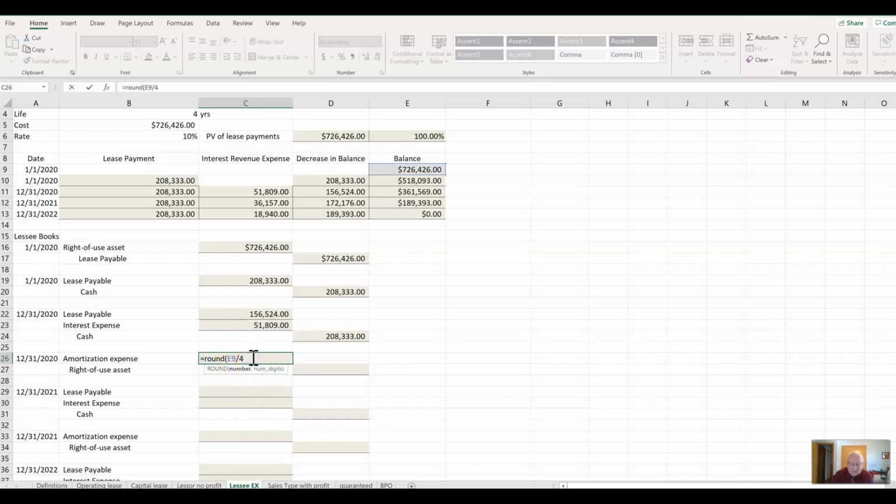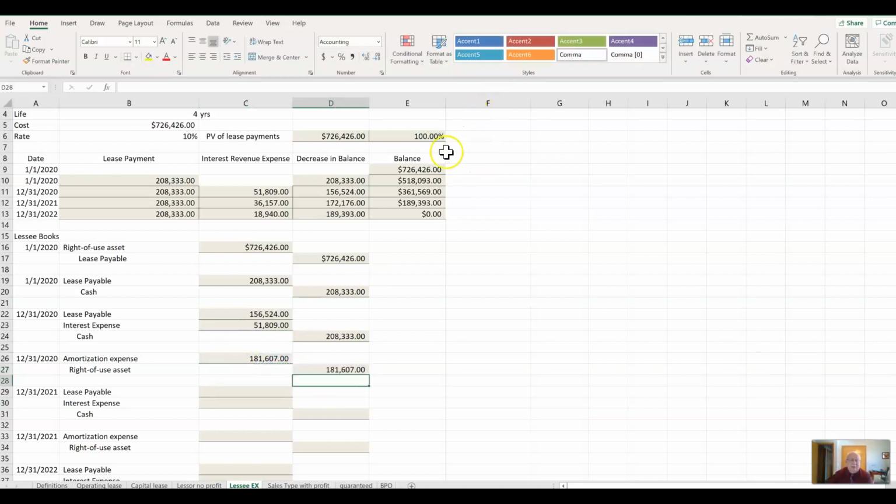Divided by 4, comma 0, because there's no salvage value, so it's 181,607. That'll take it down to 0 by the time we get done at the end of 4 years.